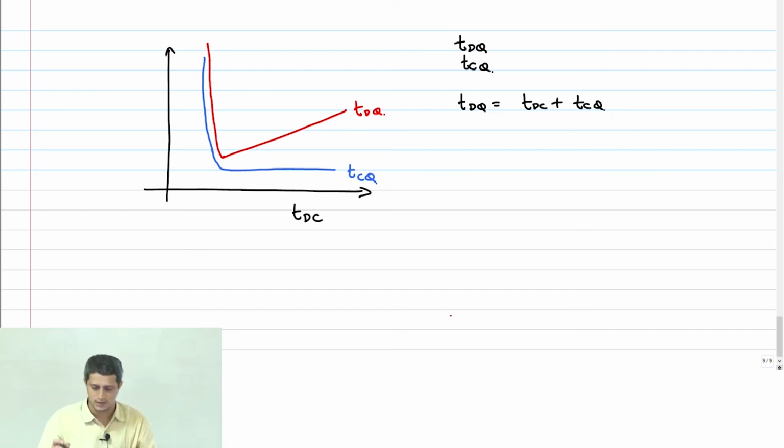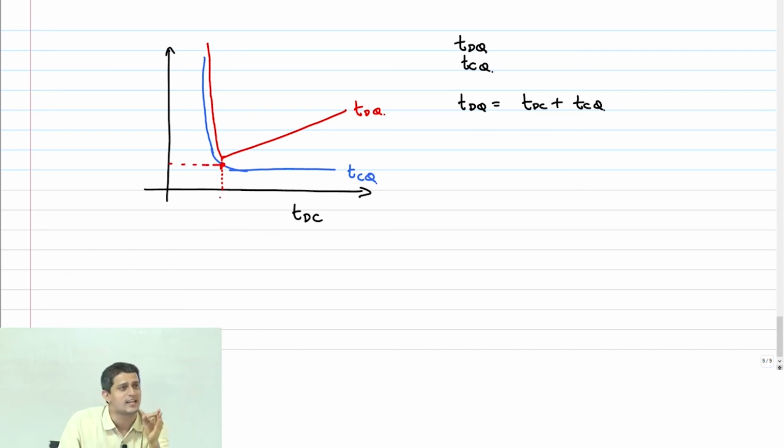So what you do is you pick this time when it is minimum. Let me redraw this slightly so that I can make it more exaggerated. You pick the time when TDQ is minimum. You get a particular value of TCQ, right?